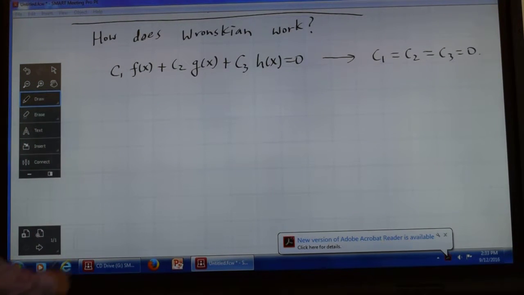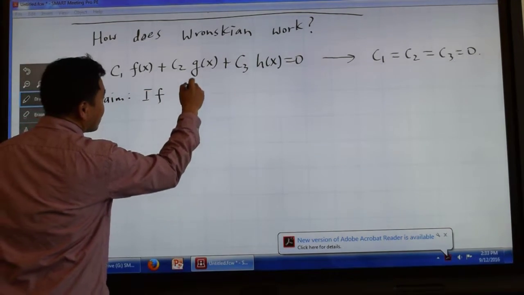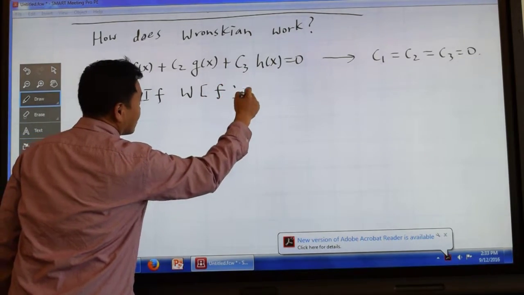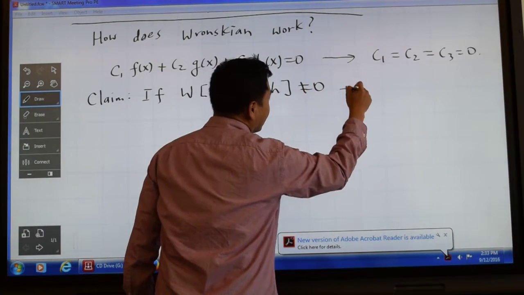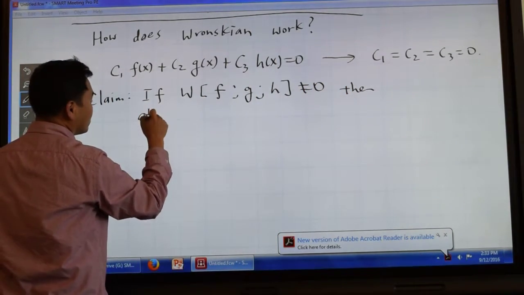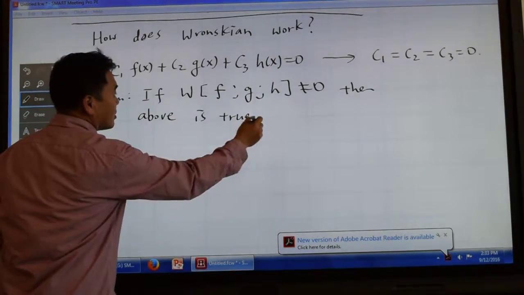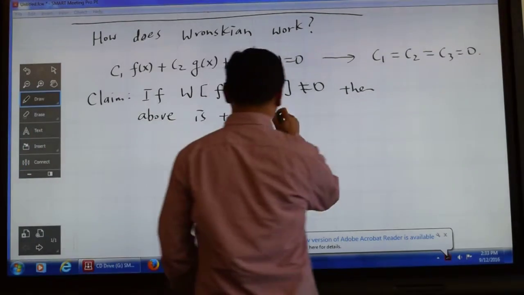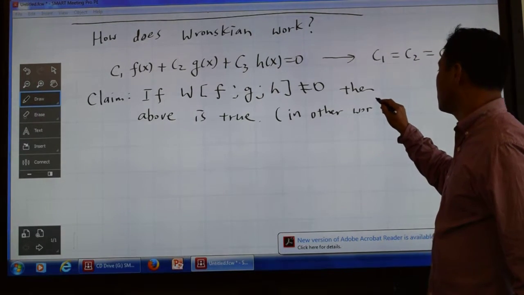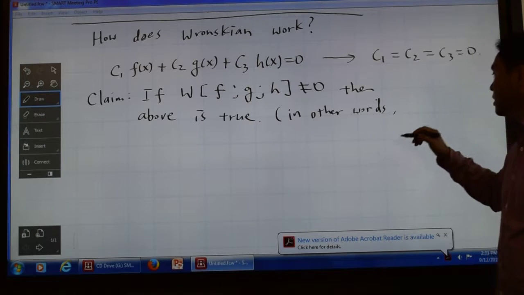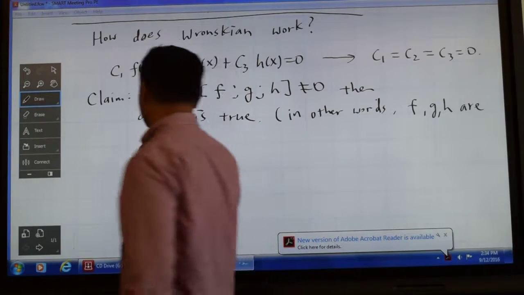Okay? So claim: if the Wronskian of f, g, h is not equal to 0, then the above is true. Okay. In other words, f, g, h are linearly what?